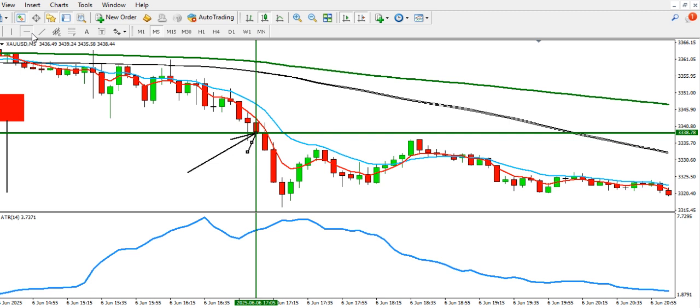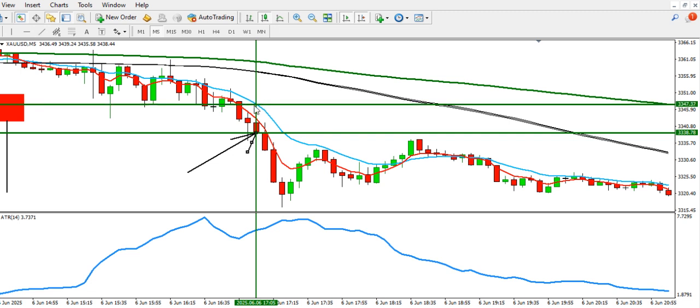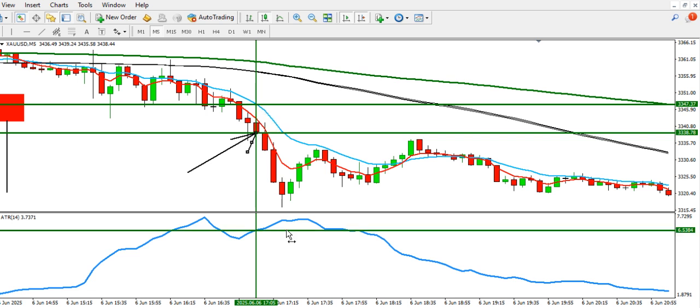First of all, we identify the value of the 13 period that aligns with that floating candlestick, and that's 3347.37. Then we add the value of the average true range that aligns with that candlestick. This is the average true range value at 6.5384.